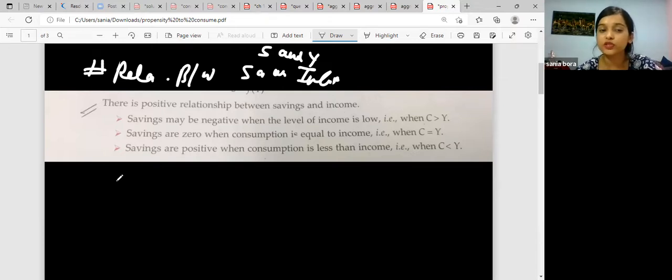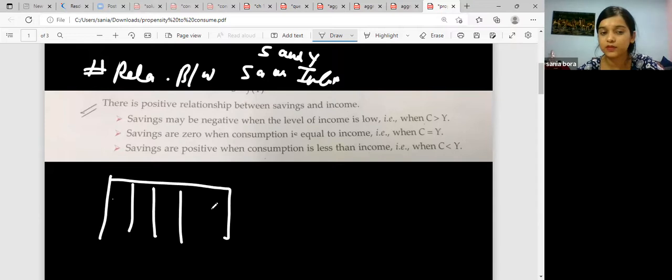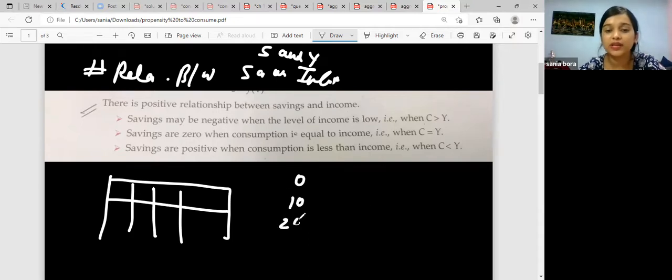Now you will open your schedule. Everyone open the schedule where you have drawn it. Just open it and check it. I hope you have opened. Yes, ma'am. Okay, now you will check. Savings may be negative when the level of income is low. In the starting it was 0, 10, 20, so at that moment your savings were negative, right?